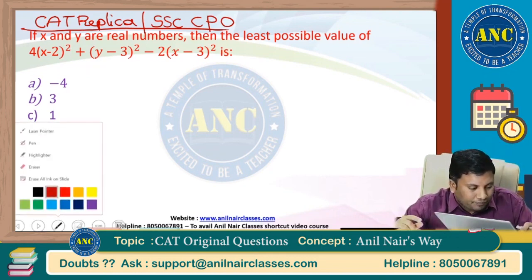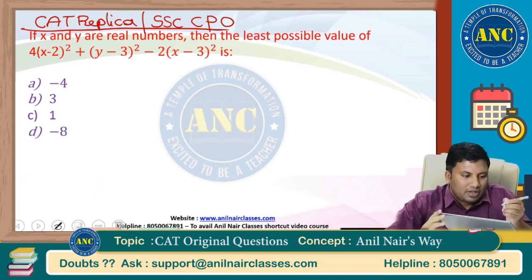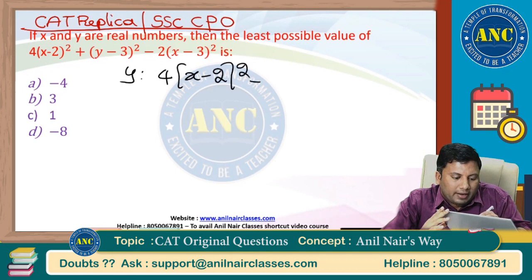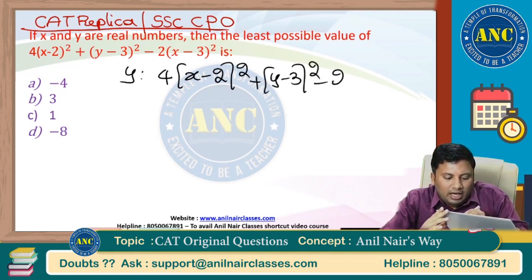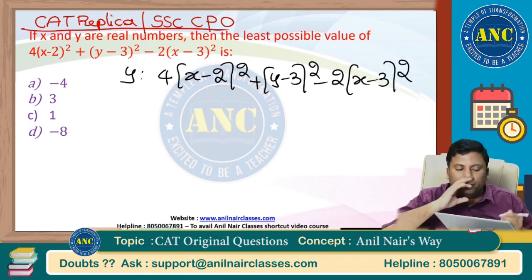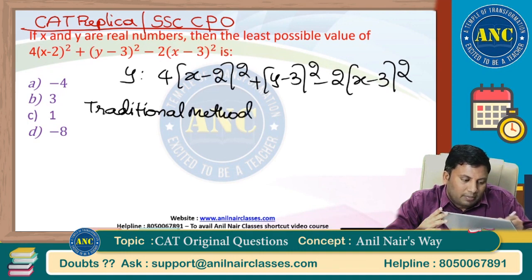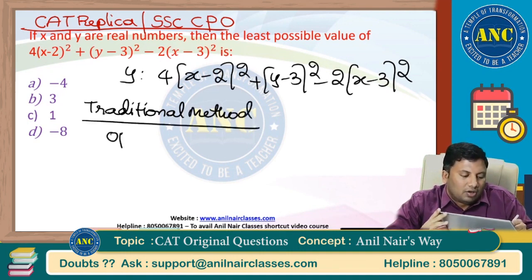See this question. Y is given as 4 into (x minus 2) whole square plus (y minus 3) whole square minus 2 into (x minus 3) whole square. Traditional method: how will the students solve?